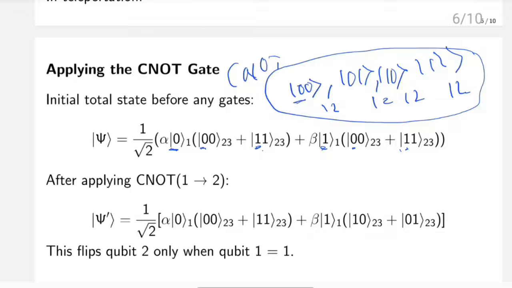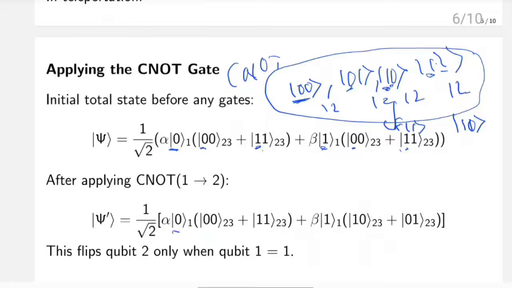If you apply CNOT in this particular scenario, you will end up getting ket 00 only, because control is 0, target won't flip. Here also control is 0, target won't flip, but here control is 1, target flips. Here control is 1, target flips. So what you will be getting here is 11, and here 10, because control is 1, target is flipping. So same thing I have written here.